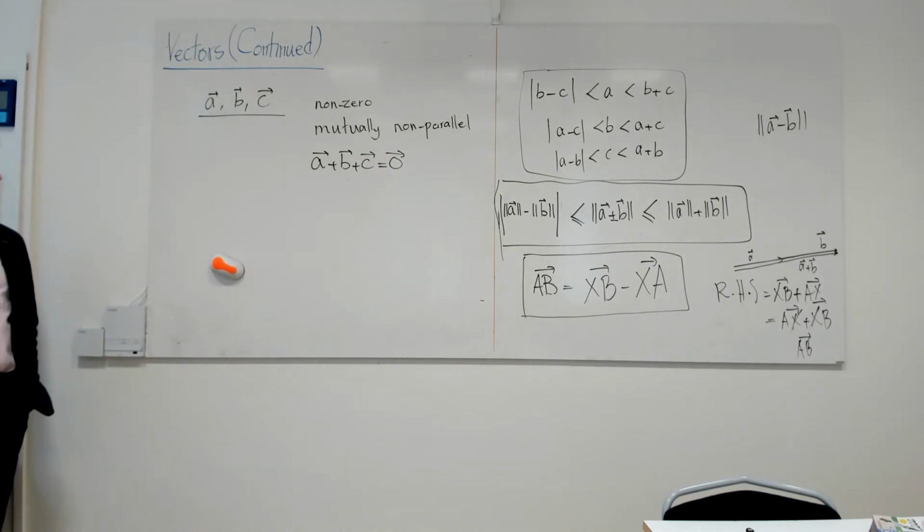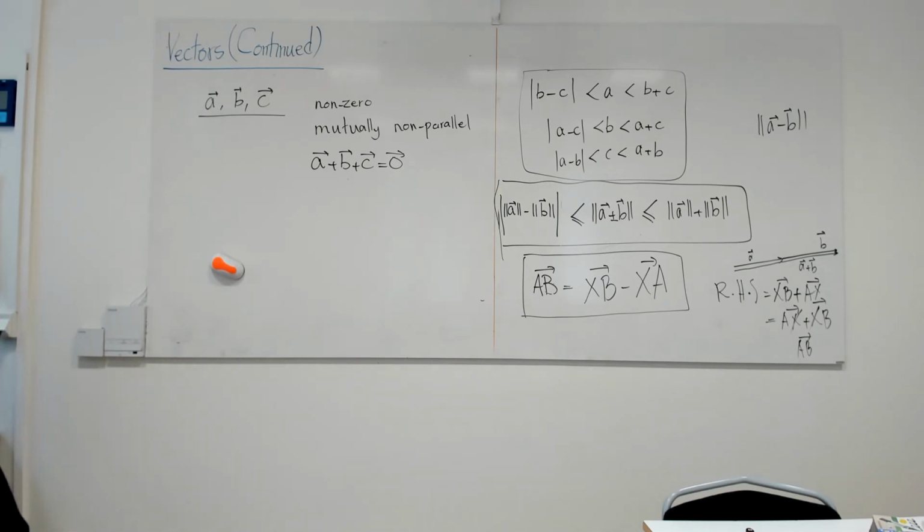So what do you think I can conclude? Of course, this might conclude a lot of things, but my point is we can conclude that I can construct a triangle with these vectors. Because that is not trivial, by the way.